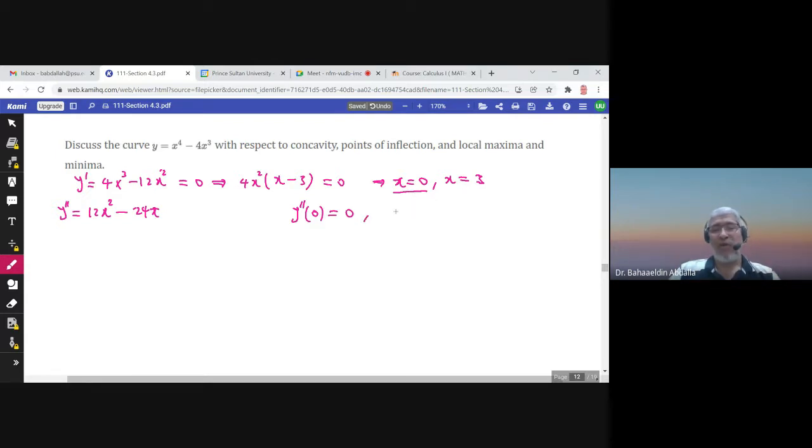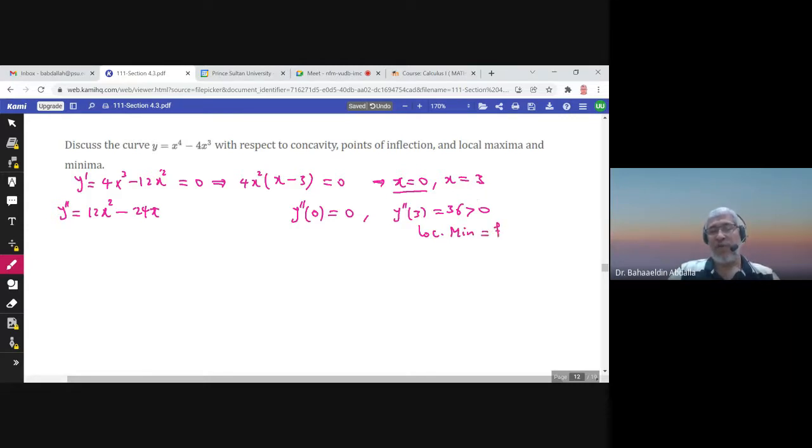But for 3, let me replace x by 3 in the second derivative. So 12 times 9 minus 24 times 3, I'll have 36. And 36 is greater than 0. So because the second derivative is greater than 0, there will be a local minimum at x equals 3.